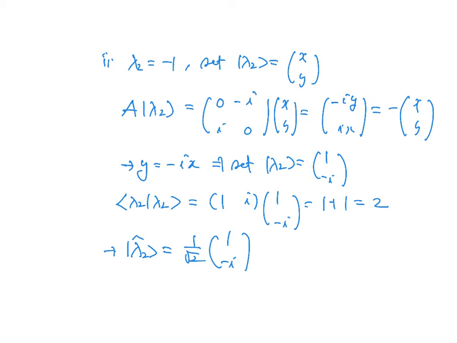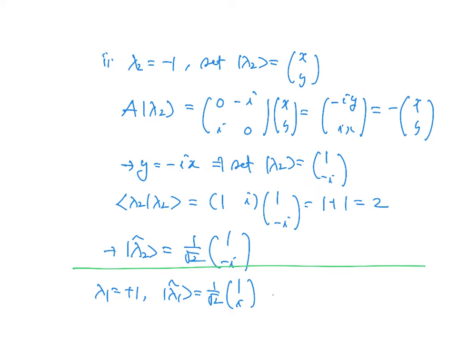So we have lambda 1 is plus 1, with the eigenvector 1 over square root of 2 times (1, i). Lambda 2 is minus 1, with the eigenvector 1 over square root of 2 times (1, -i). And familiar?